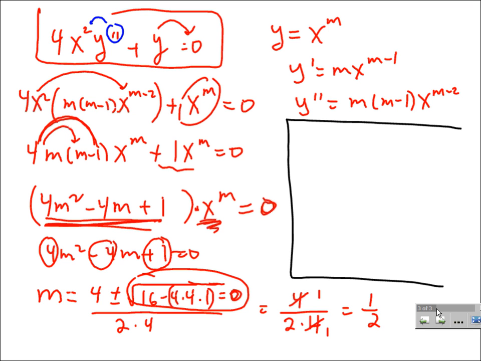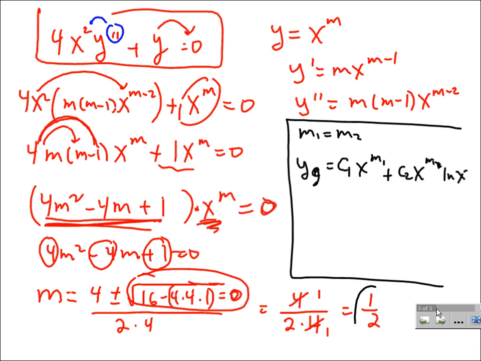If you get one root, if m1 equals m2, the solution is going to be as follows. y general is going to equal c1 x to the m1 plus c2 x to the m1 times ln of x.